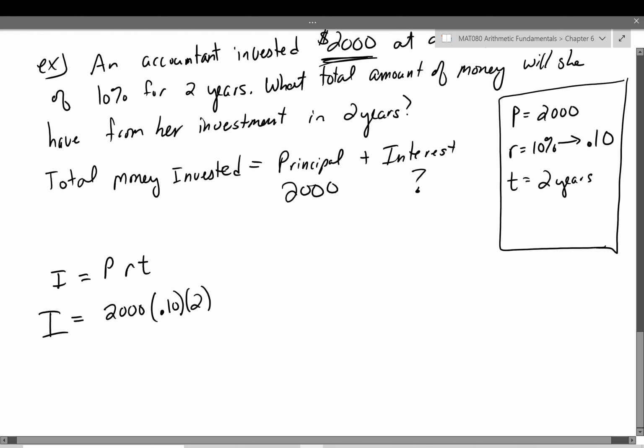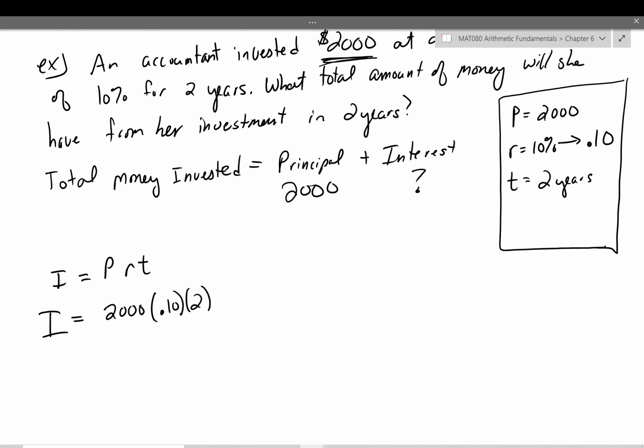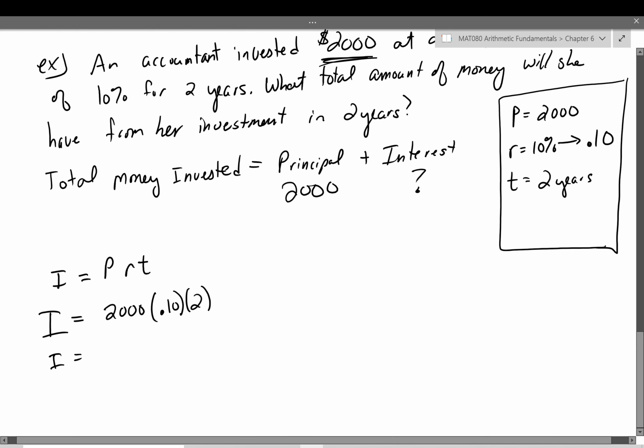Okay? So 2,000 times 0.10 times 2, the simple interest earned is going to be $400. So in my equation above, I can erase the question mark and put $400.